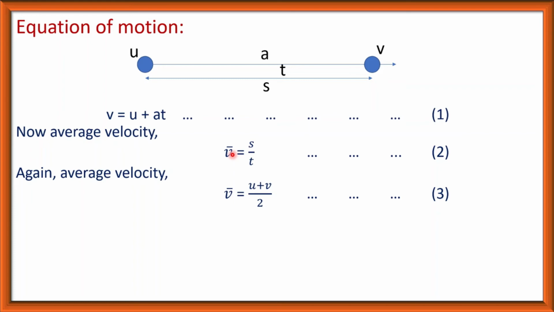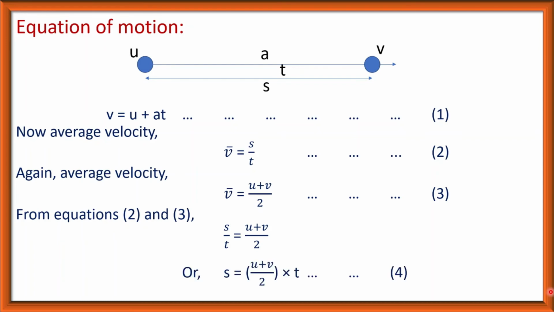And also we know average velocity is equal to s divided by t. So we can write s by t is equal to u plus v divided by 2, because here s by t is average velocity and u plus v divided by 2 is also average velocity. So s is equal to u plus v divided by 2 into t.